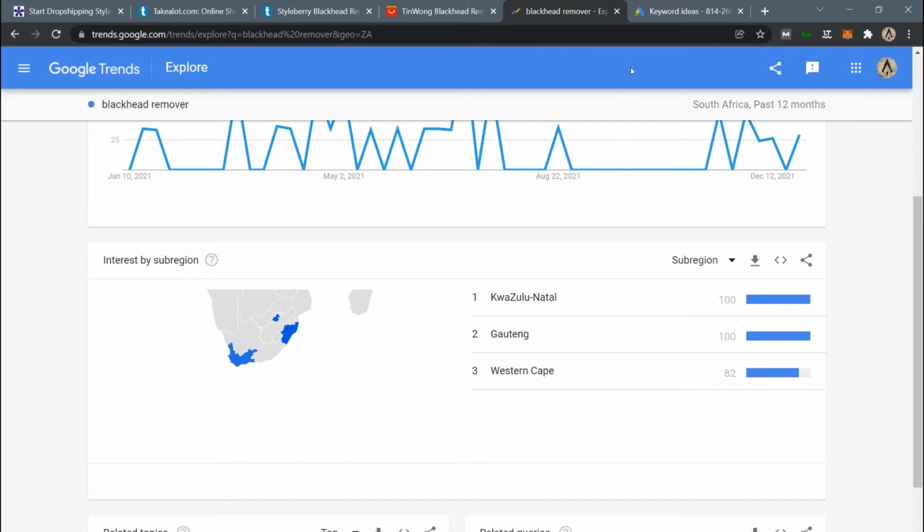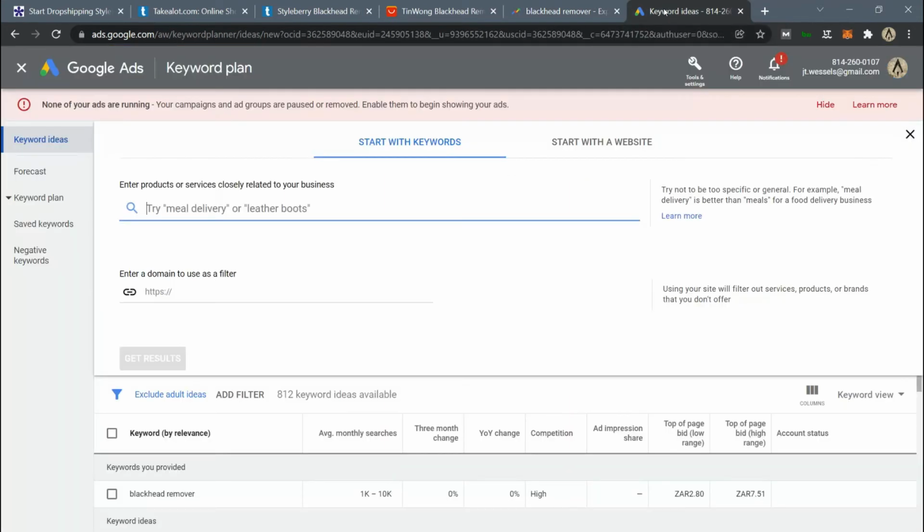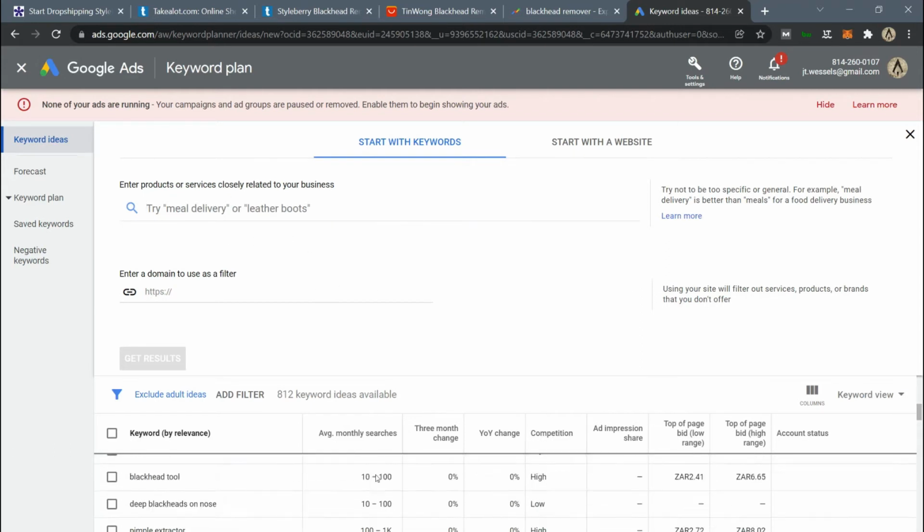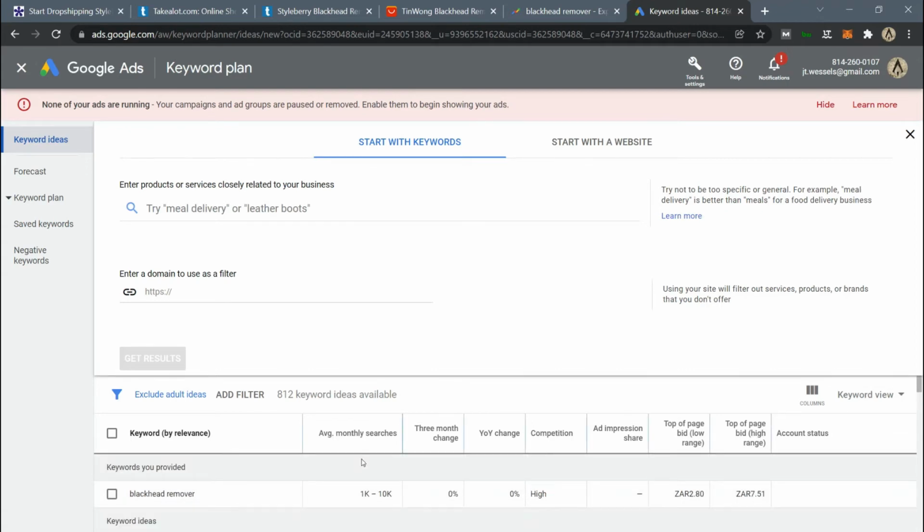Now the next move, we can use a simple tool called Google Keyword Planner, and we can do the exact same thing here. We can enter blackhead remover, press enter, and you get results. You will see that blackhead remover is being searched between 1,000 and 10,000 times a month.